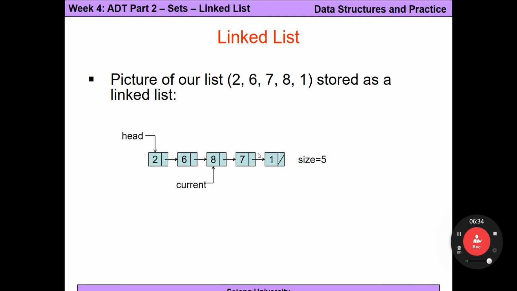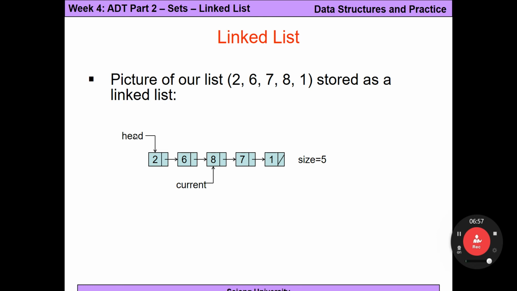Like it is shown here, this is only showing the data. Here we are not discussing the address. In the coming slide, I will give you an overview of the address as well. Basically, this is the head pointer, the pointer that carries the address of the first node.